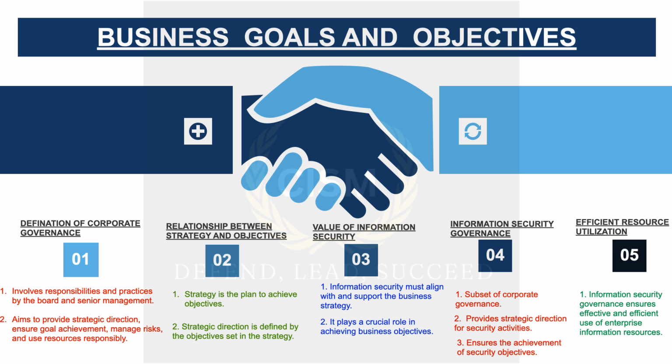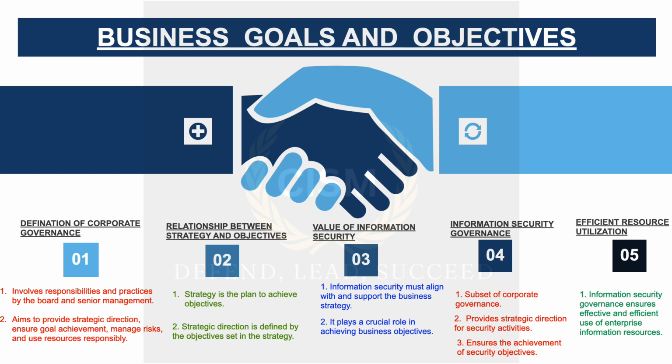Next, about efficient resource utilization. Friends, under efficient resource utilization, it states that information security governance ensures effective and efficient use of enterprise information resources. Information security governance contributes to efficient resource utilization within an enterprise.